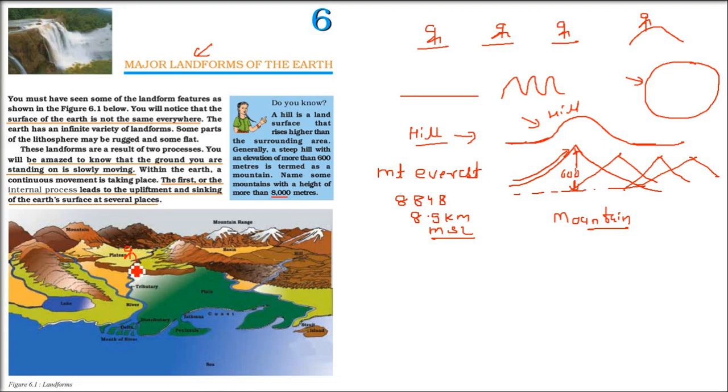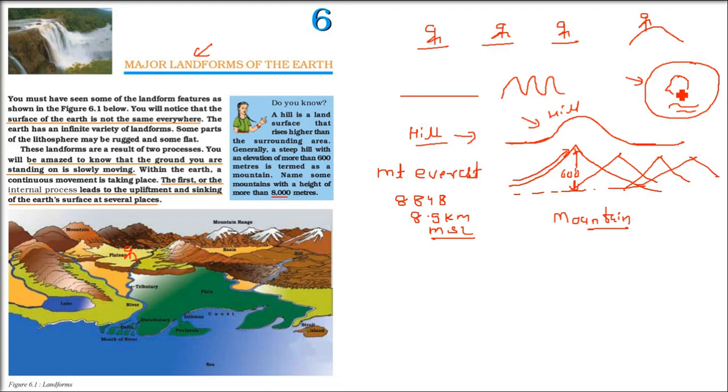Everything is moving. It's moving at an infinitesimal speed, but everything is moving because we have continents, we have these different oceans, and these big masses are in water. So slowly and gradually things are moving. Everything is moving slowly.